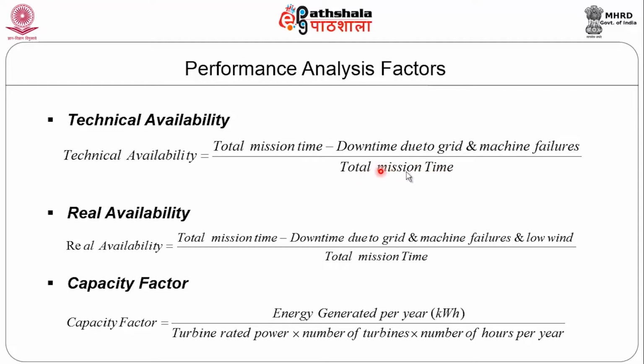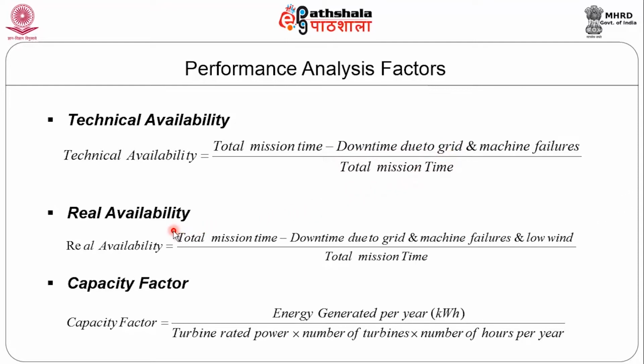Out of this total mission time, when we deduct the downtime due to grid and machine failures, that ratio will be the technical availability, that is total mission time minus downtime due to grid and machine failures divided by the total mission time.